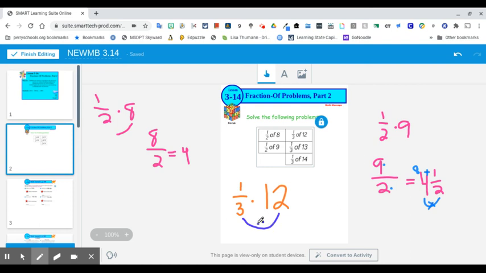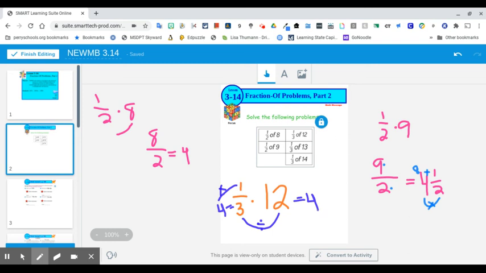This time you can divide. So we're going to take the whole number divided by the denominator. So 12 divided by 3 equals 4, and that's what we've been doing. And then you're going to take that and multiply it by how many groups you have. So you have 4 in each group, and you have 1 group, giving us 1/3 of 12 equals 4.